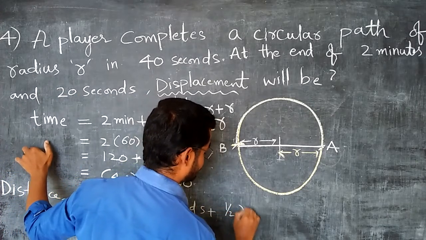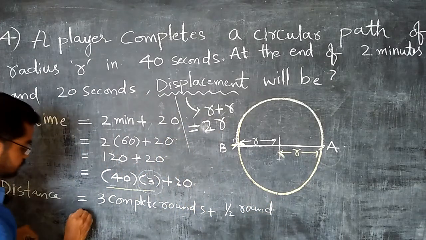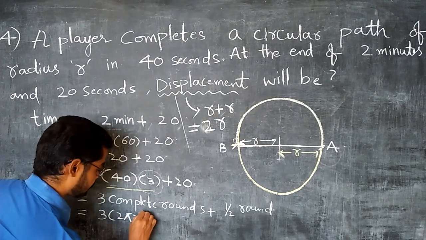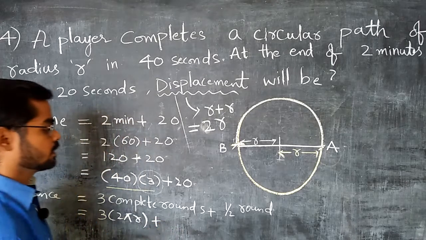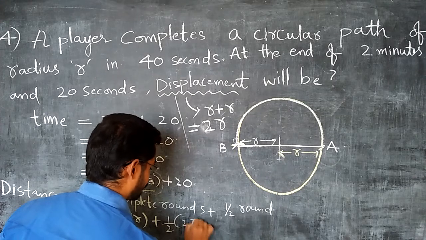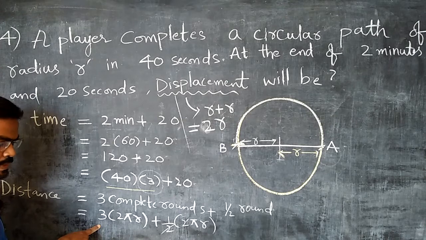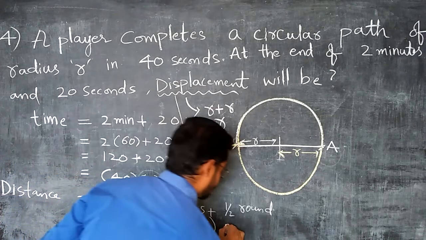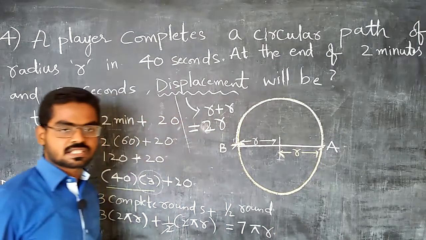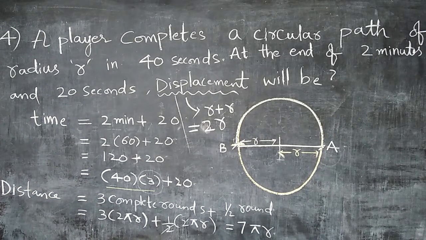In 20 seconds, we will complete a half round. So 3 into 2 pi r plus, for the half round, half of 2 pi r. The half and 2 get cancelled. 3 twos are 6 pi r, plus pi r is how much? 7 pi r. So 7 pi r will be the distance and 2r will be the displacement for this problem.